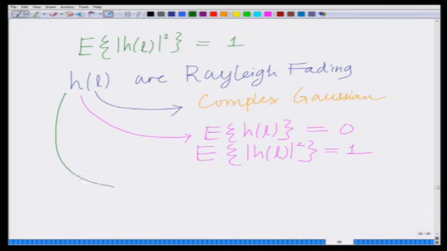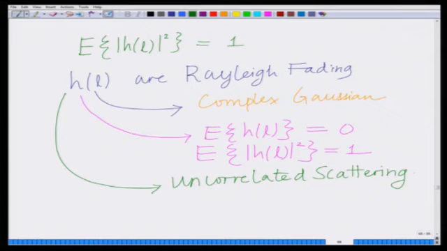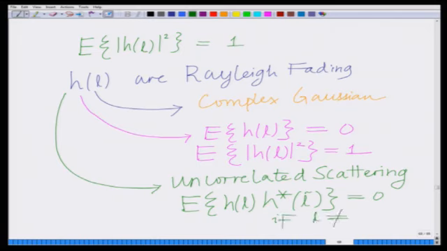And also we are assuming uncorrelated scattering, which means the expected value of h l times h conjugate l tilde equal to 0 when l is not equal to l tilde.